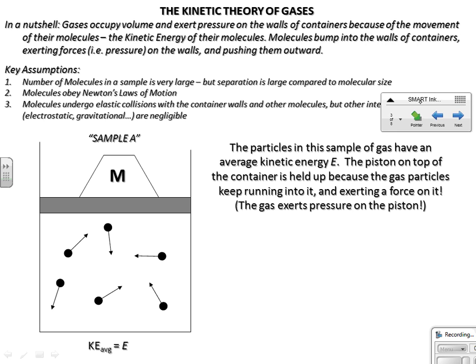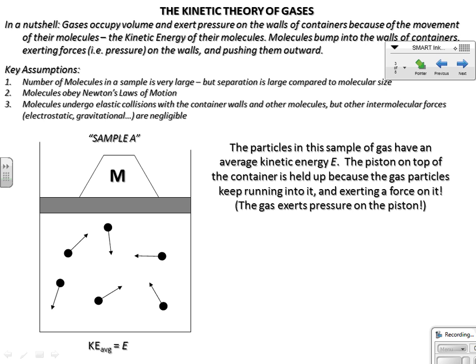Now, kinetic theory. I don't know if you talk about this in chemistry or not, but kinetic theory is the way that we, being physicists, explain things like volume and pressure. Gases are made of objects. Those objects move around, and when they do, they bump into walls of containers.